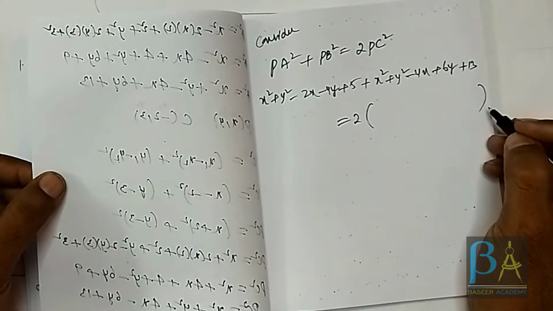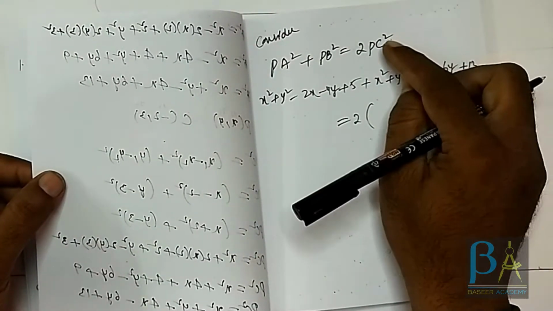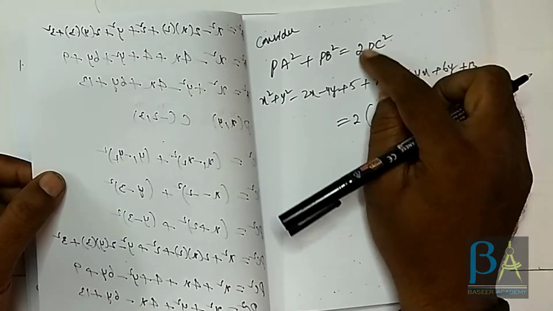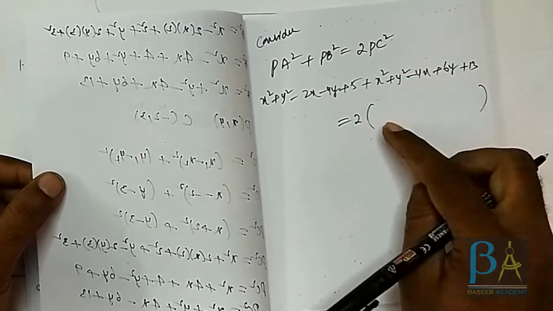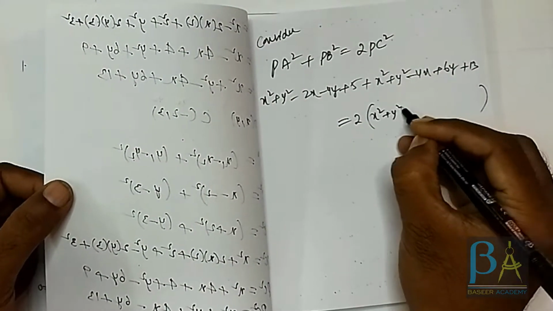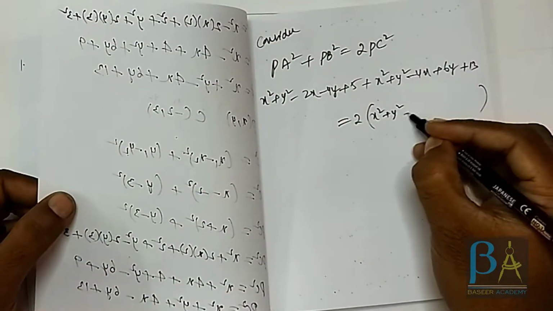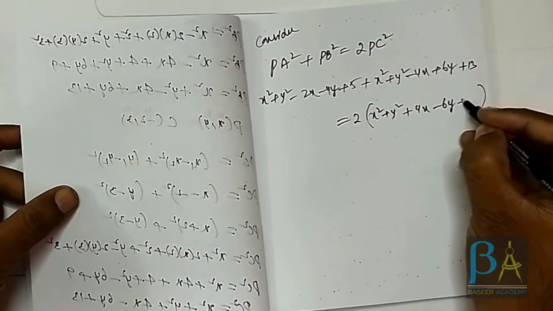I'm going to keep a bracket here, because obviously 2 is going to multiply the entire PC square. And what is PC square? PC square is x square plus y square plus 4x minus 6y plus 13.